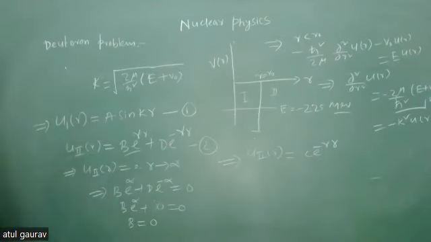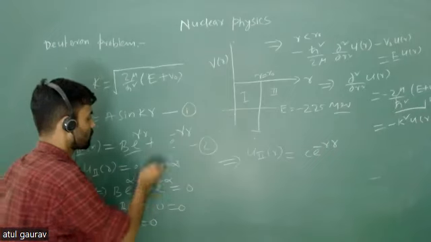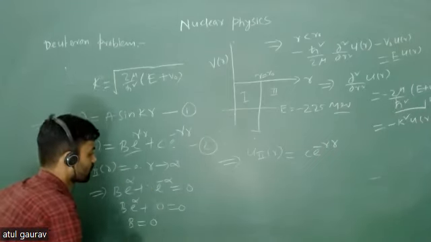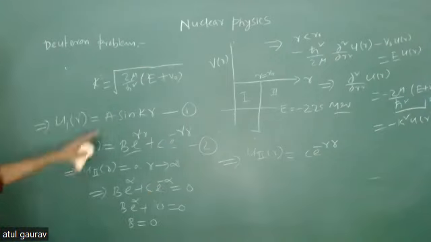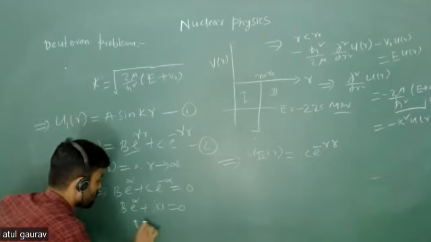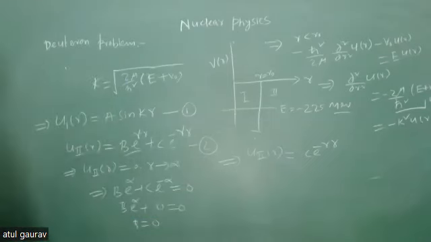Let us consider this is c, a, b, c. It means b is 0. This means that the wave function will be c exponential minus gamma r.